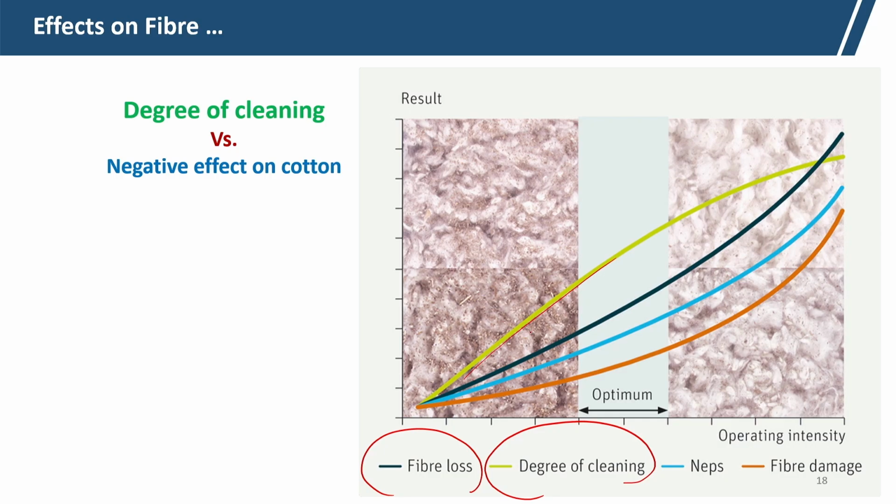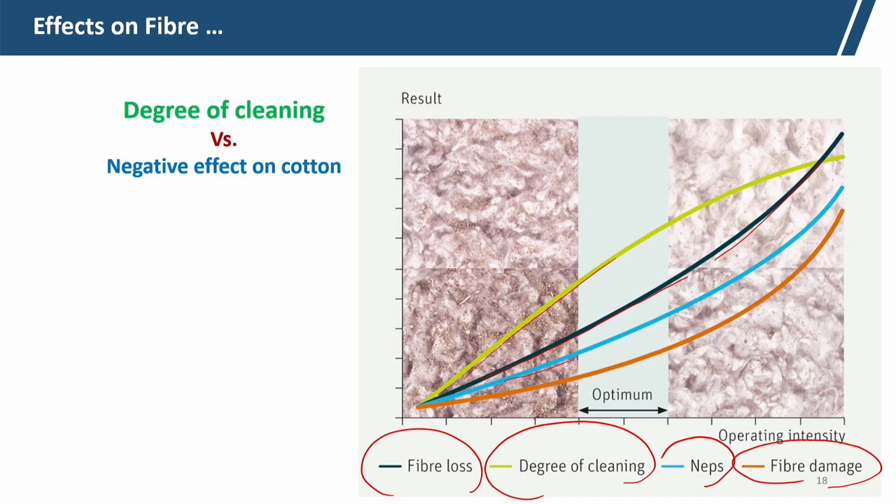So, if we increase the degree of cleaning, fiber loss will go on increasing exponentially, then nep generation will also increase exponentially, and there will be very high neps, and also fiber damage. So, fiber loss, fiber damage and surface damage will be there, which will reduce the tenacity and yarn strength.